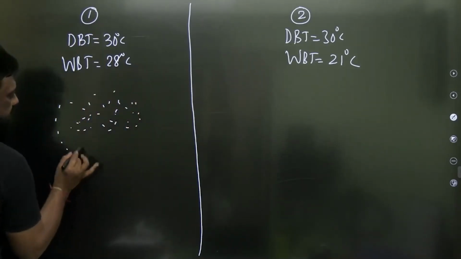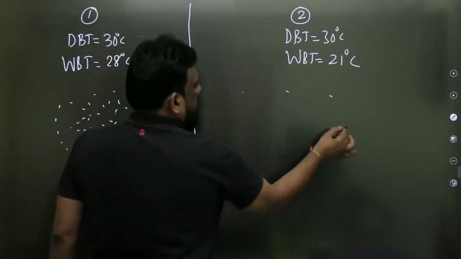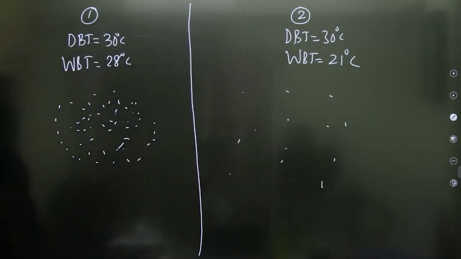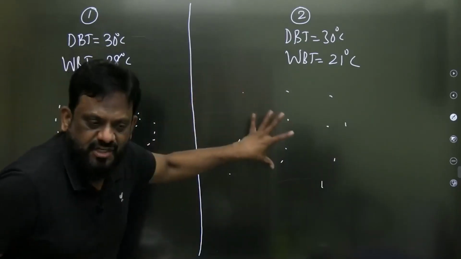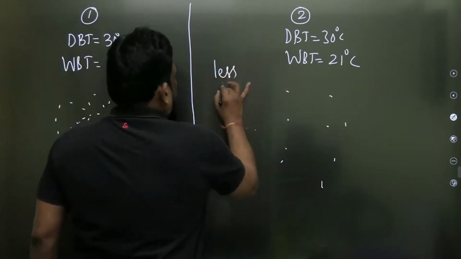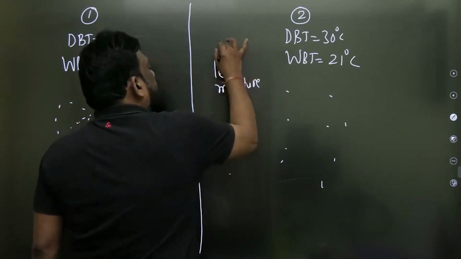This is air with moisture, and this is air with moisture. Now look, sir, in this case what is the moisture? Less moisture means less humidity.